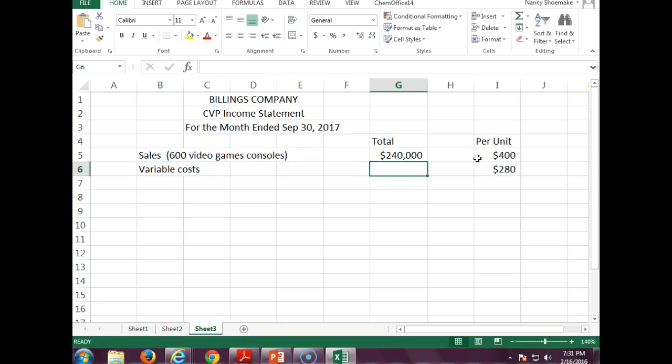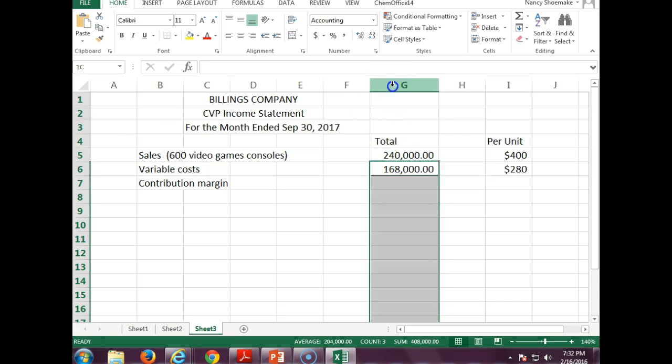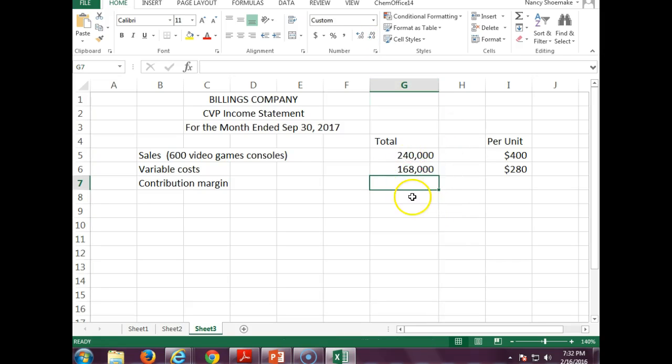So 600 video game consoles times 280 per unit is, I'm sorry, 168,000. Contribution margin is 72,000.